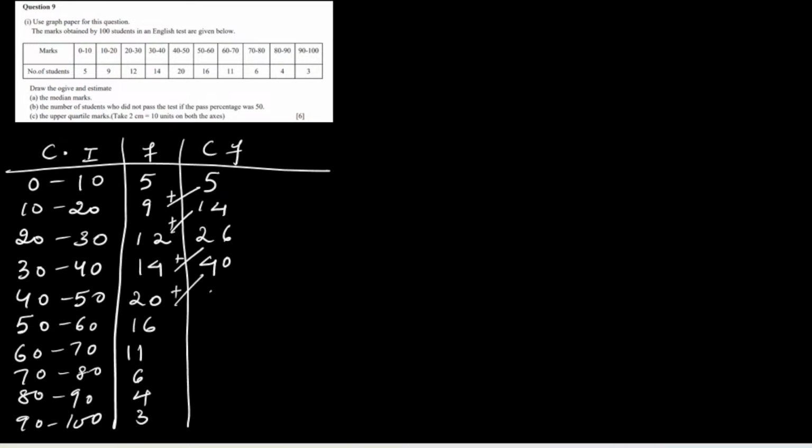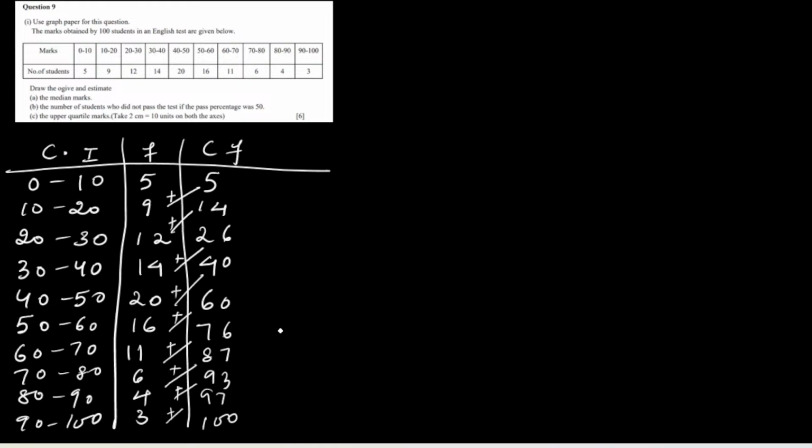Then 20 plus 40 is 60. 60 plus 16 equals 76. 76 plus 11 equals 87. 87 plus 6 becomes 93. 93 plus 4 is 97. 97 plus 3 equals 100.